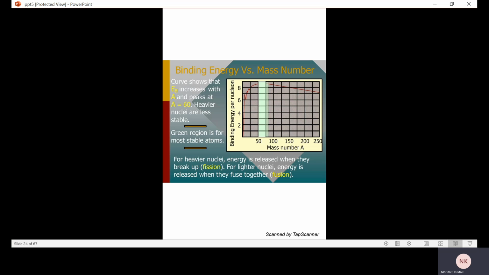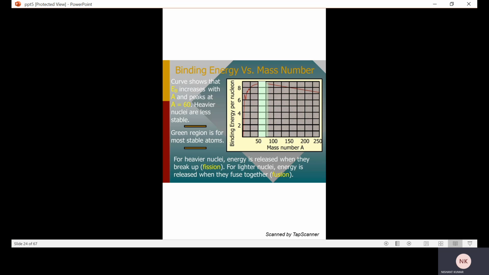But after mass number 60, the binding energy decreases. So we can say that the most stable nucleus is in the range of 50 to 60. So iron is the most stable nucleus.